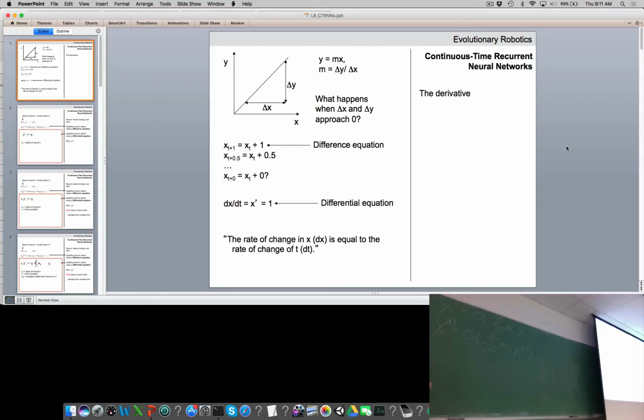All right, so this is a difference equation, t minus 1. So the new value of y is some function of values at the previous time step. For most of what we're going to do in this class, you're going to be using neural networks which are written down as difference equations.